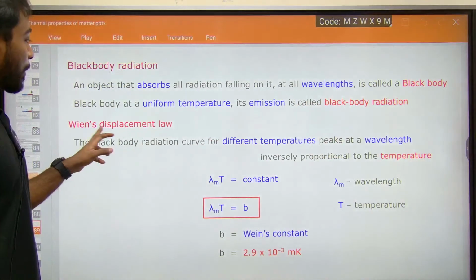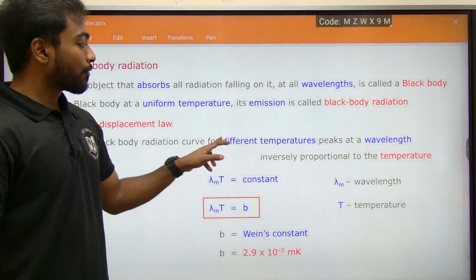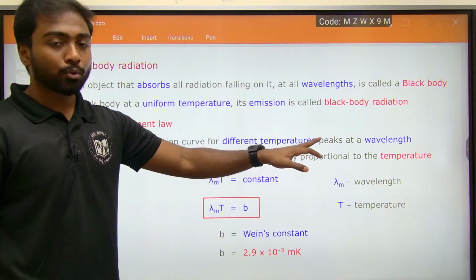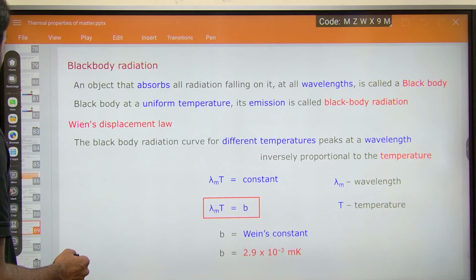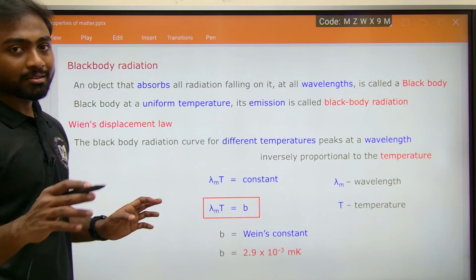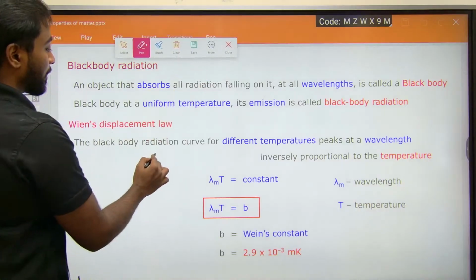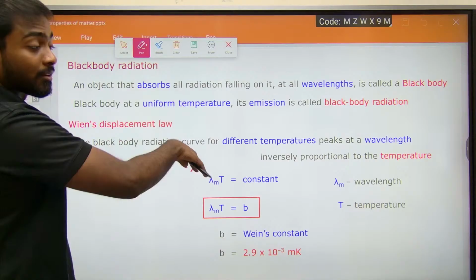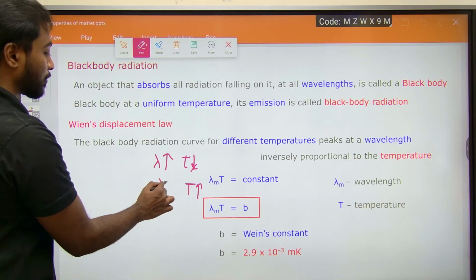Wien's displacement law: the black body radiation curve for different temperatures peaks at a wavelength inversely proportional to the temperature. When the wavelength increases, the temperature decreases, and when the temperature increases, the wavelength decreases.